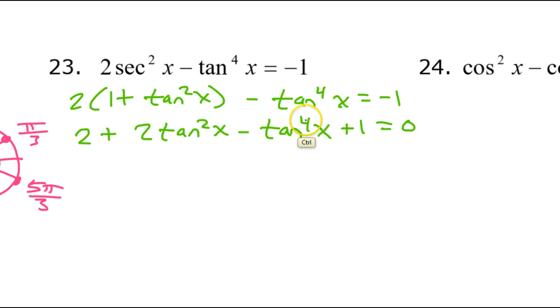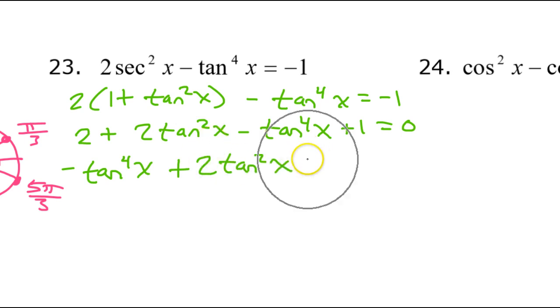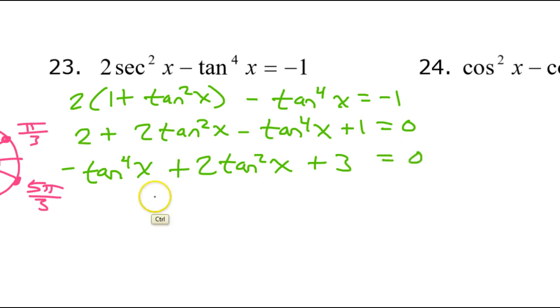And I'm going to put everything in decreasing exponent order. That means my negative tangent to the 4th power has to go first. So I have negative tangent to the 4th power. Next comes my positive 2 tangent squared x, and then the plus 3 that I spoke of. For factoring purposes, I don't like having a negative in the front.